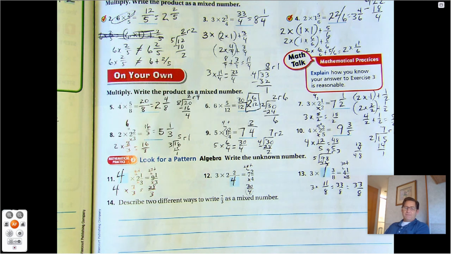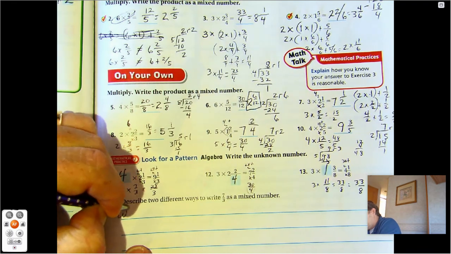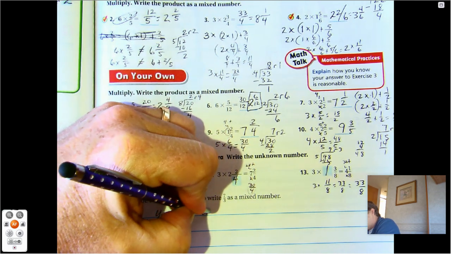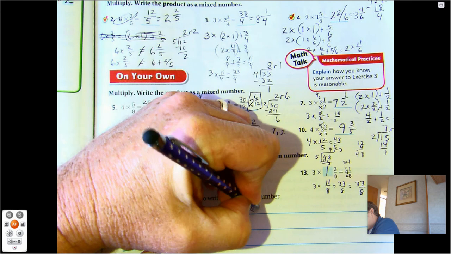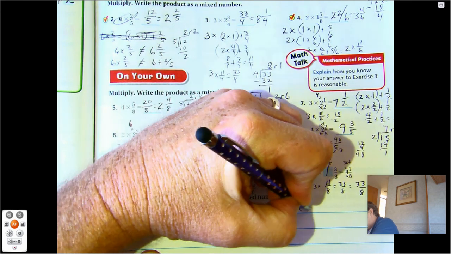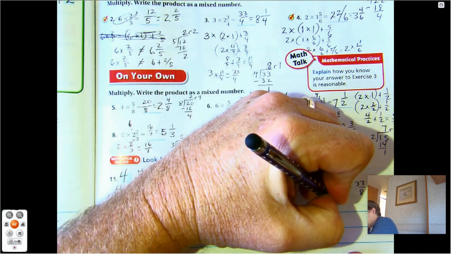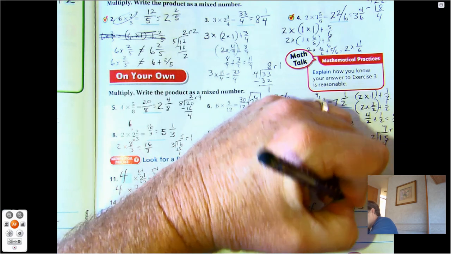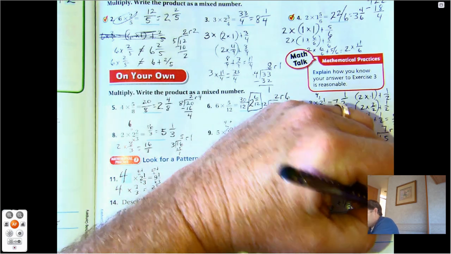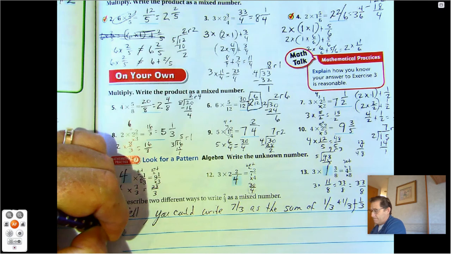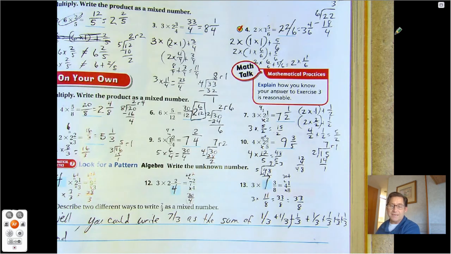How can we write 7/3 two different ways as a mixed number? Well, we could write 7/3 as the sum of 1/3 plus 1/3 plus 1/3 plus 1/3, and so on, 7 times.